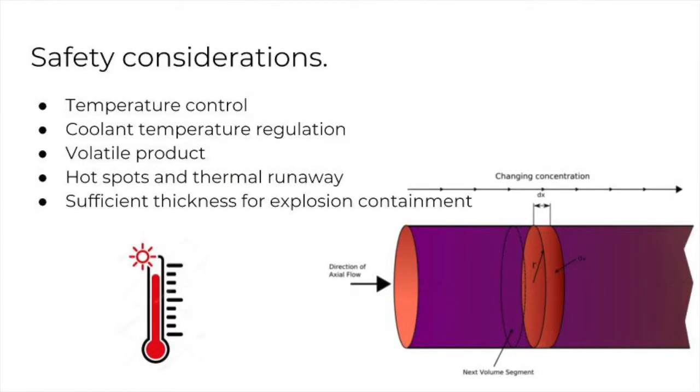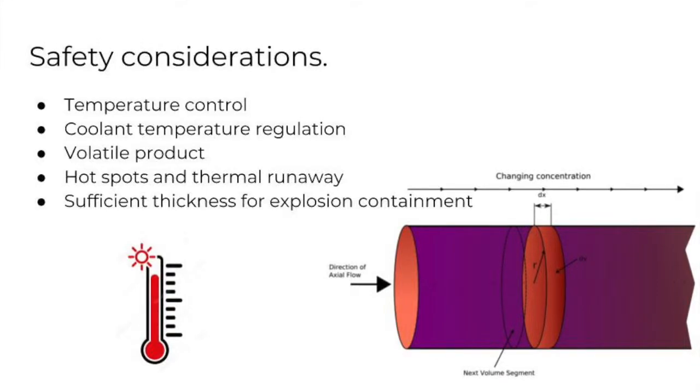It's important to discuss some considerations for a safe operation of the PFR. For example, unfortunately, it has some problems with temperature control because variations as small as 1 degree Celsius may produce an unsatisfactory product.